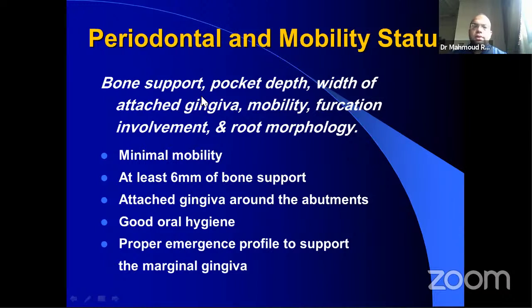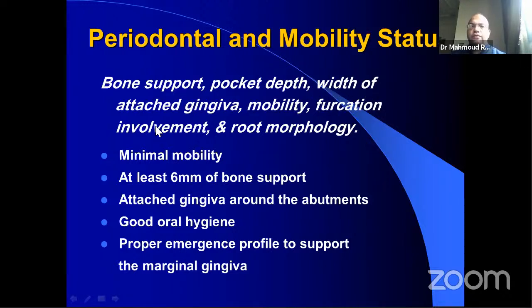Bone support is very important, so radiographic examination is very important to estimate the crown root ratio. It's a very important topic. Pocket depth is also very important. If the pocket depth increased more than 3 millimeters, periodontitis or gingivitis may be present in this abutment.